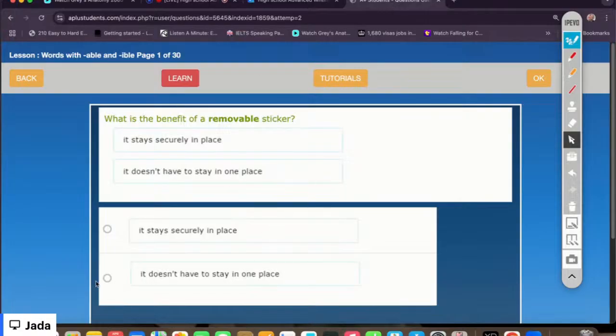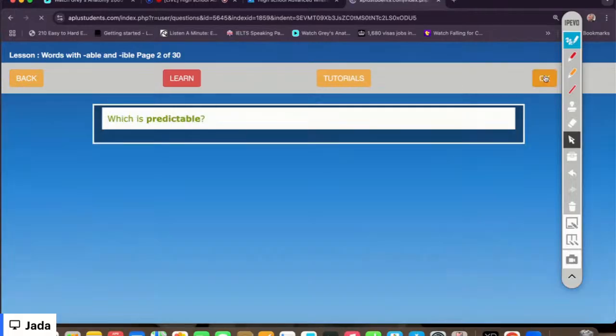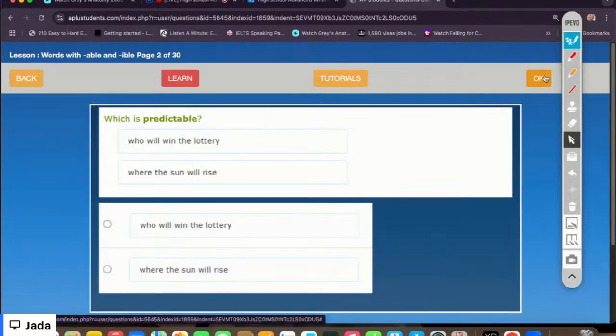It doesn't have to stay in one place. That's the benefit of a removable sticker. You can always remove it.